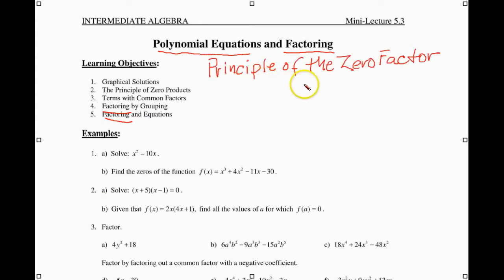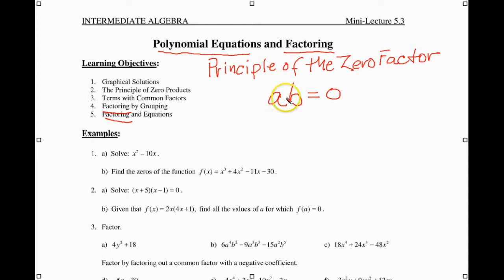Now, throughout many of these lessons, we're going to be using this principle of the zero factor, which, if you looked over your textbook, you would have seen something like this. AB equals 0. Here, this is some variable, and this is a different variable.